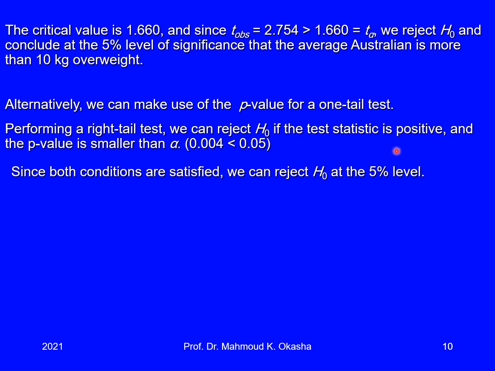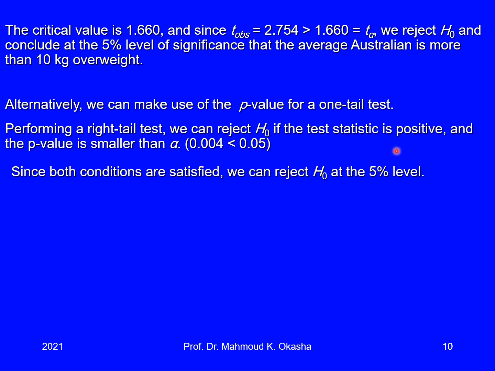The significance level is 0.05, but the p-value is very much less than 0.05. It is 0.004. As long as the p-value is less than the significance level, then we must reject the null hypothesis. That's a rule.